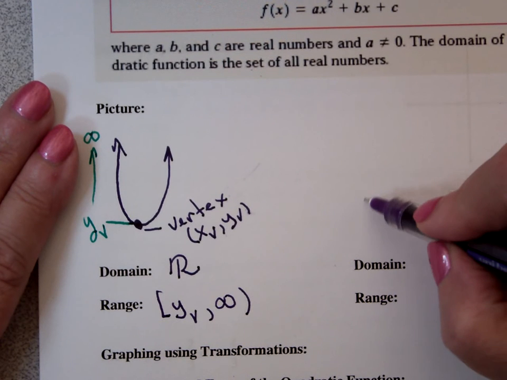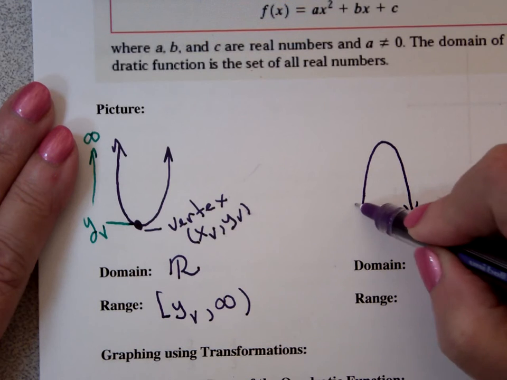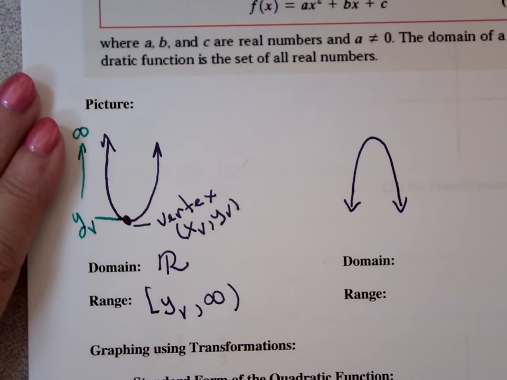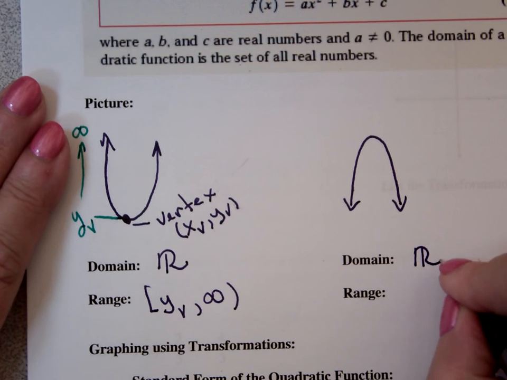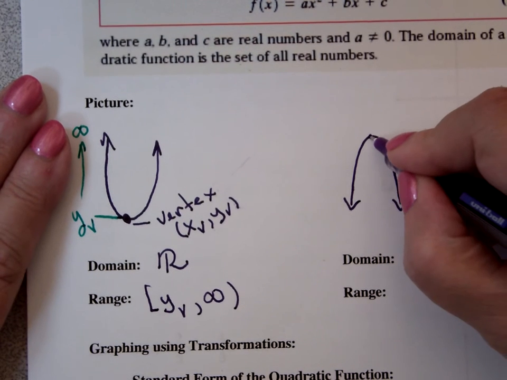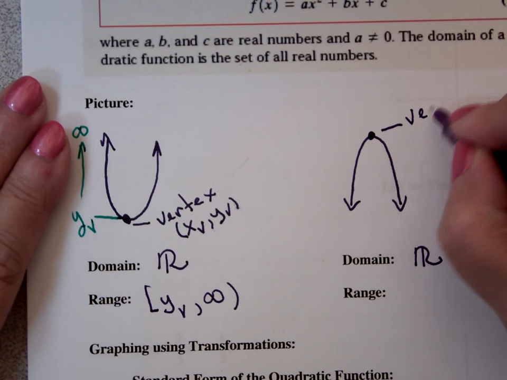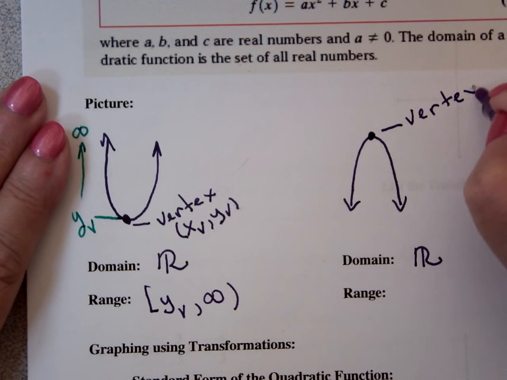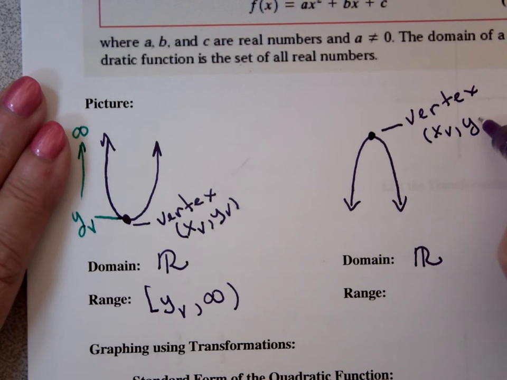Or the other choice we have is a U-shaped graph that opens down. Again, its domain is all real numbers. It has this thing which is called the vertex, which again is x sub v, y sub v.